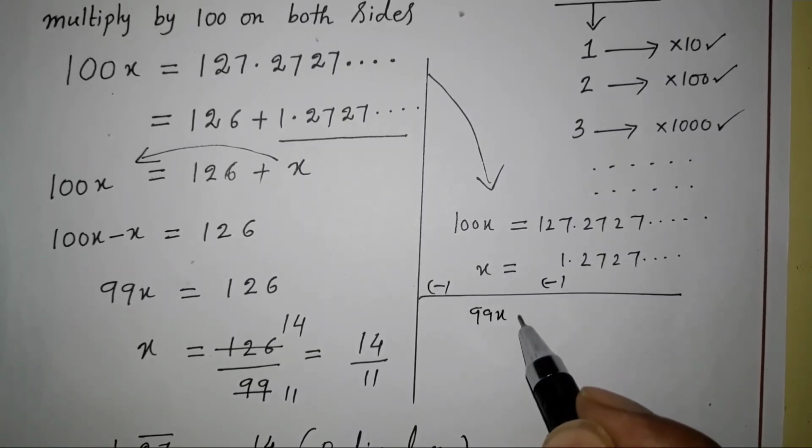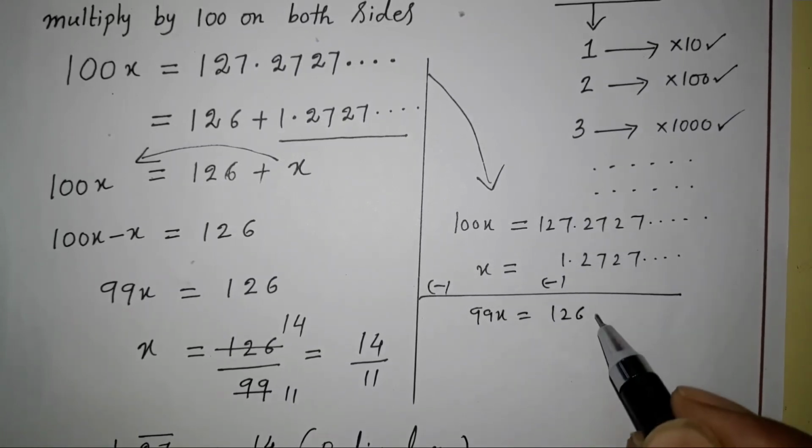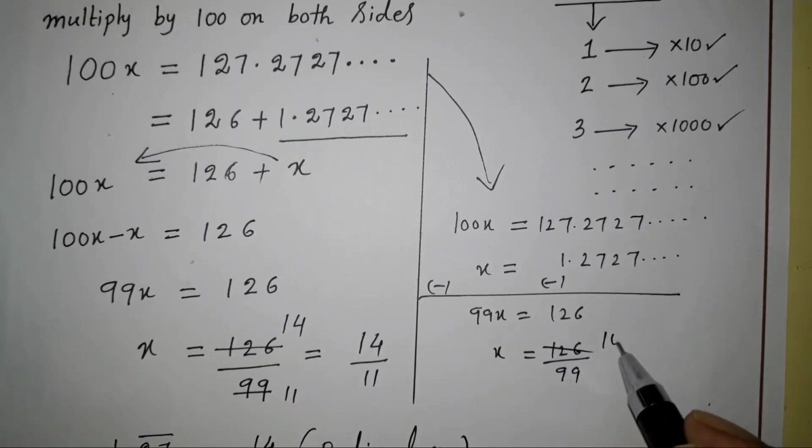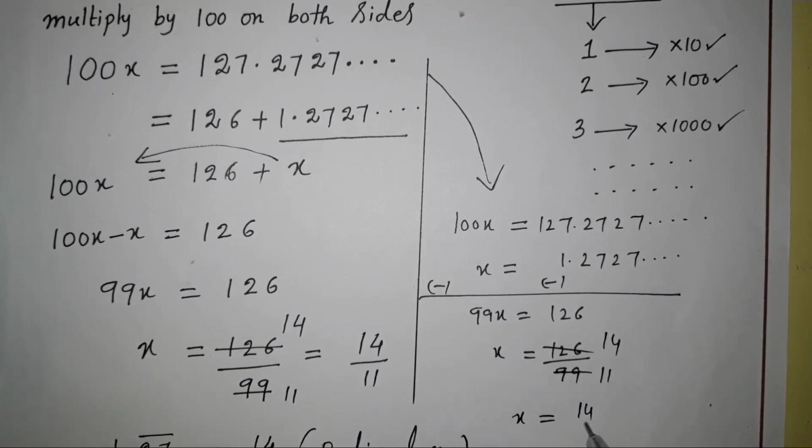It becomes 99x is equal to 126, since 0.00 will come. So x is equal to 126 by 99. Again you cancel by 9, and x is equal to 14 by 11. So 1.27 bar is equal to 14 by 11, which is a rational number. Like this also you can do, children.